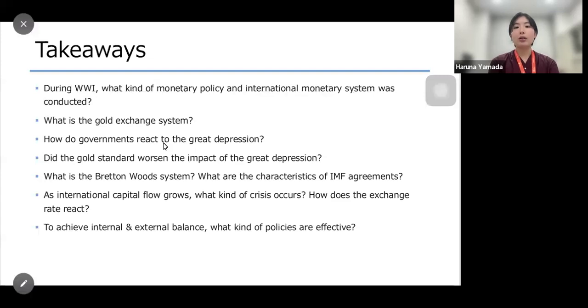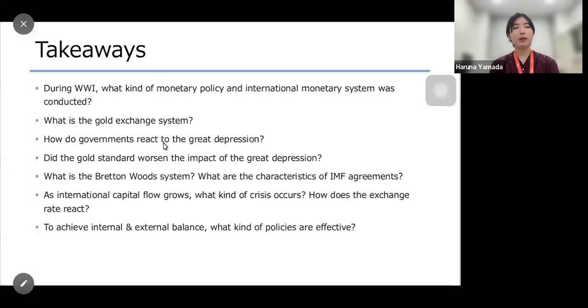The Great Depression: how did governments react to the Great Depression? Against the Great Depression, many countries tried to restrict trade, which caused trade war across countries.